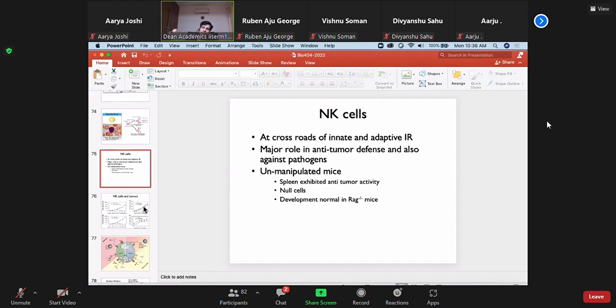One distinguishing feature between cytokines and chemokines is that chemoattraction is brought about by chemokines, while growth factors, proliferation, and activation are all carried out by cytokines. Okay, thank you, sir.